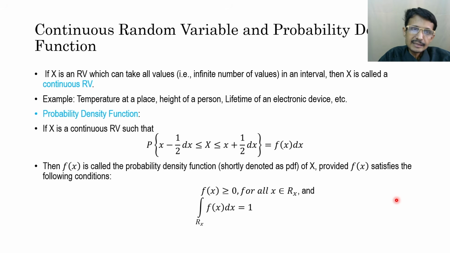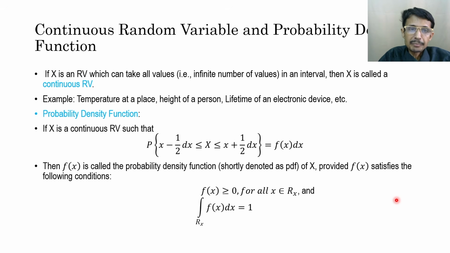Next, the continuous random variable and the probability density function. If x is a random variable which can take all values, an infinite number of values in an interval, then x is called a continuous random variable.